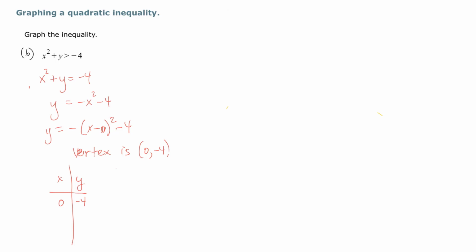We're going to go ahead and graph from here. So I'm trying to get my ordered pairs from this equation here. It's probably easier. Let's pick x to be, let's just say, 1 and negative 1. So negative 1 here, the quantity negative 1 squared is positive 1. Take its opposite and then subtract 4. So we get negative 5. And if you put 1, you also get negative 5. We have enough ordered pairs now.